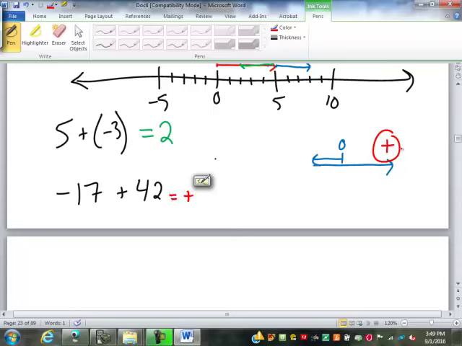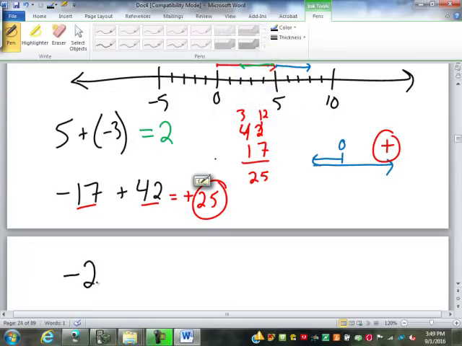It also tells me that since my arrows go in the opposite direction, my result is the difference between the values. The difference between 17 and 42 can be found by subtracting 42 minus 17. I get 5 and 2, I get 25. So negative 17 plus 42 is a positive 25.